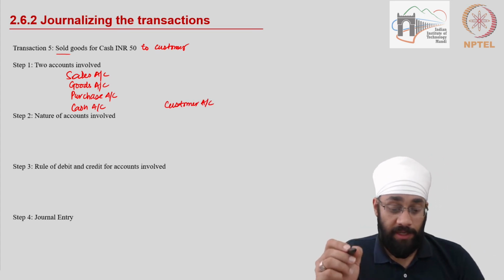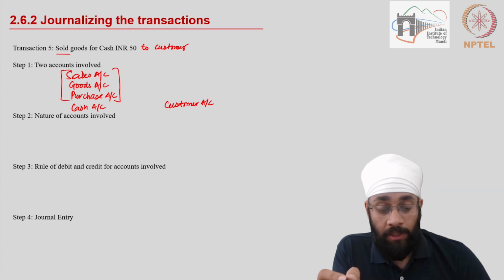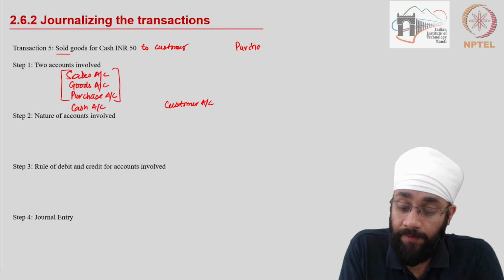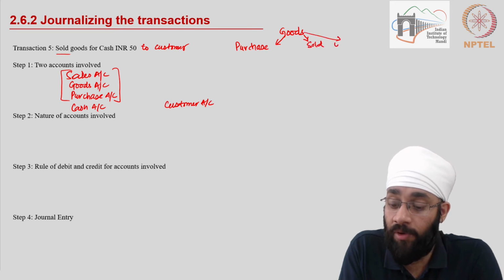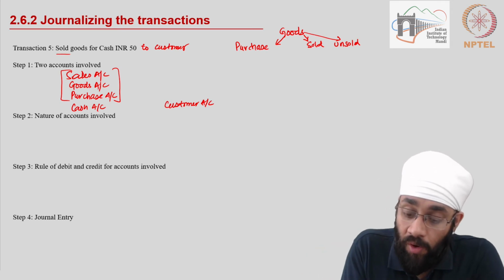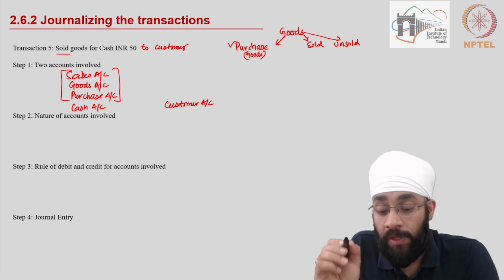Okay, now pay attention to these three items. We said when we purchase goods, goods are going to be purchased and then goods are going to be sold, and finally there will be goods which will be unsold, right? All the goods that are purchased are written in the purchase account.